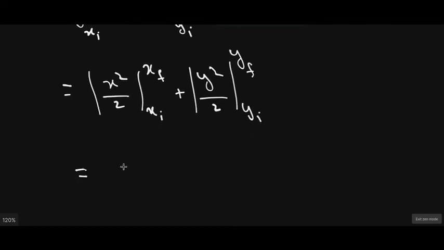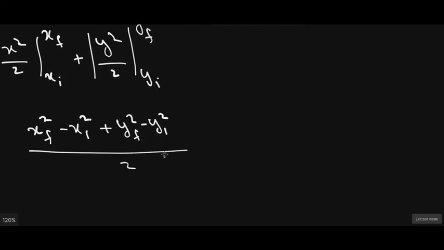This is xf squared minus xi squared plus yf squared minus yi squared, divided by 2. But what we know is that xf equals xi and yf equals yi, so this is 0.